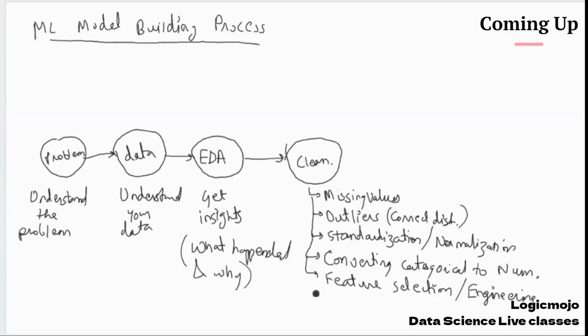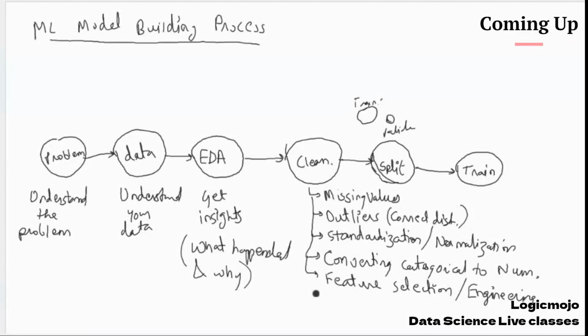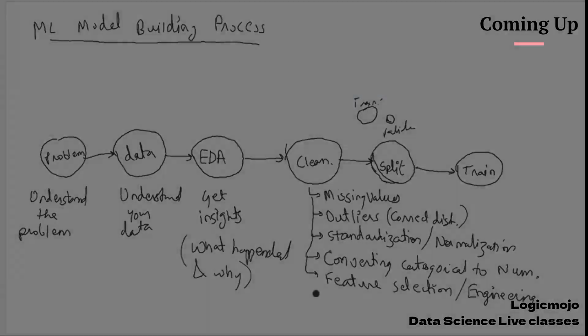Finally, once your data is ready, what do we do? Split our data. And at last, we train our model. So this is the kind of pipeline that we usually go with when doing a machine learning process.